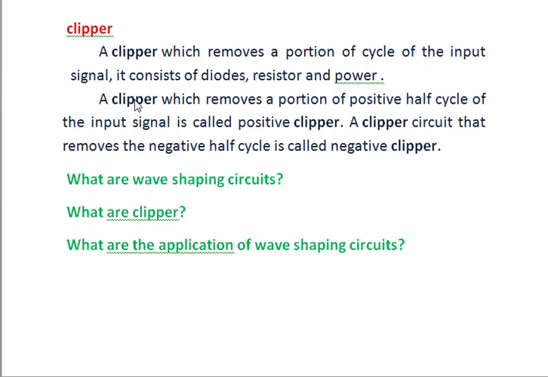A clipper which removes a portion of the positive half cycle of the input waveform is called a positive clipper. The clipper circuit that removes the negative half cycle of the input waveform is called a negative clipper.